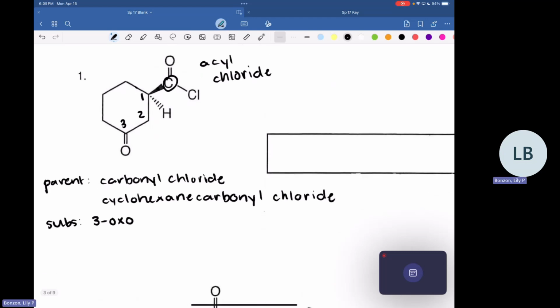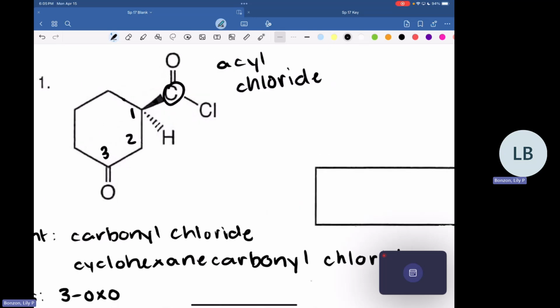The only other thing is we've got wedges and dashes, so we've got our R and S. This is our chiral center. Hydrogen is obviously going to be 4, and then we look at the next carbons attached to it. We have the carbon with the acyl chloride. That one's going to be our highest priority because it's connected to an oxygen and a chlorine.